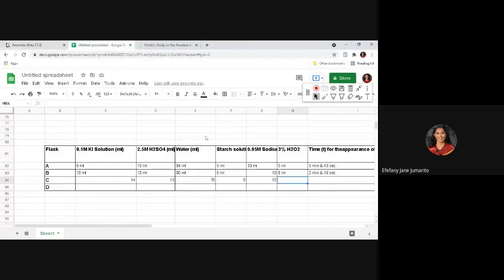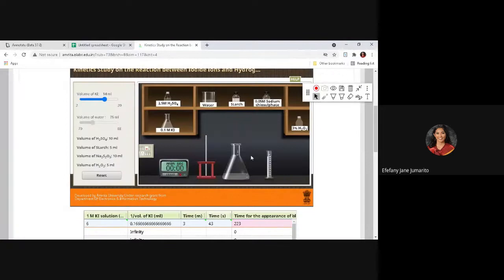Okay, 5 ml. So let's pour 5 ml. Okay, so we are done.